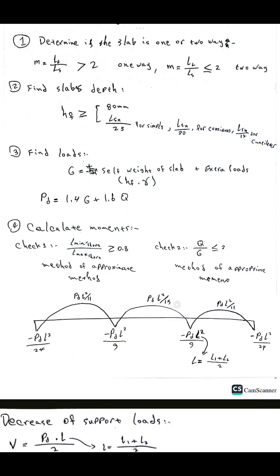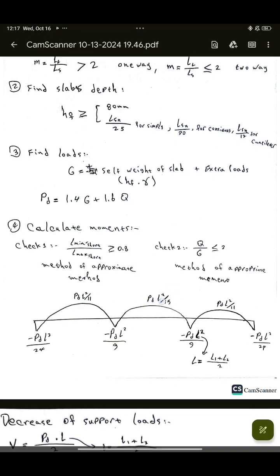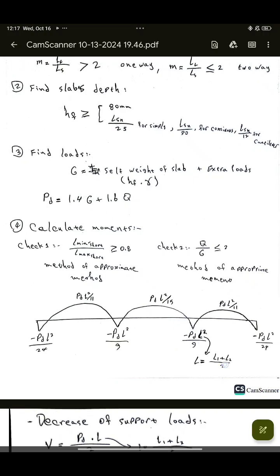These are constant. The one in the middle is called the internal span, PDL square over 15, and these two are internal supports. One condition in these two internal supports: the length we use is the sum of both spans surrounding the support divided by 2.